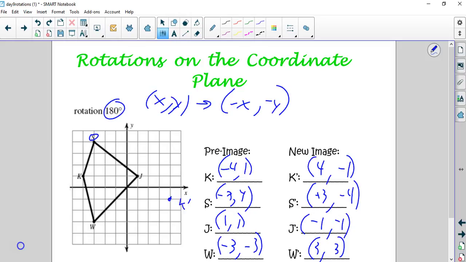K prime. 1, 2, 3. 1, 2, 3, 4. That looks much better. S prime. Negative 1, negative 1. J prime. And W, 3, 3. That looks so much better. SK, WK, prime, and there we go. So this rotated 180 degrees that way.